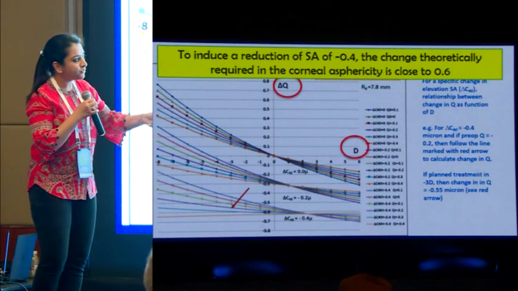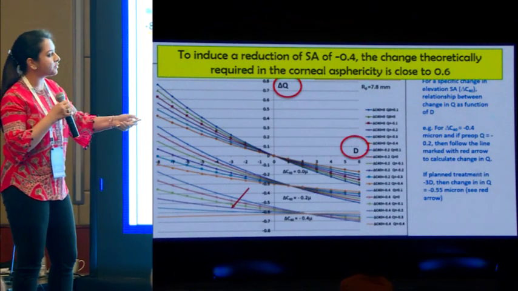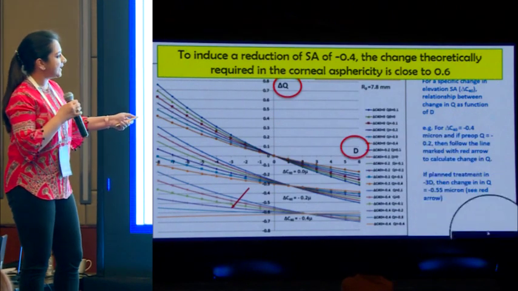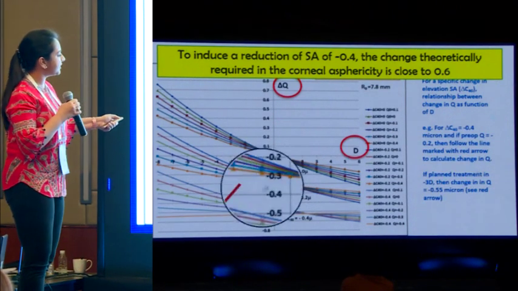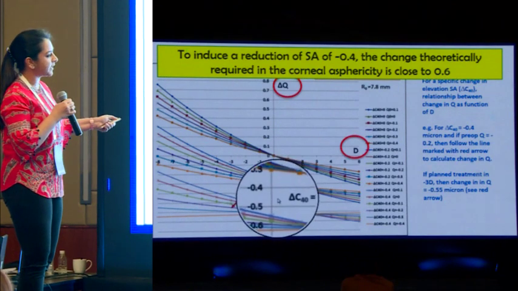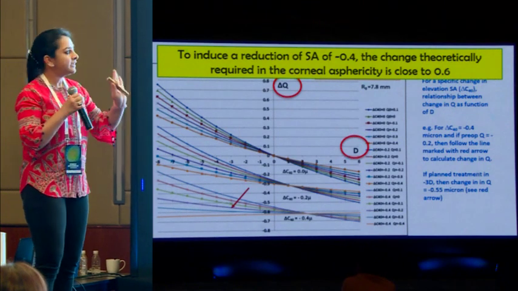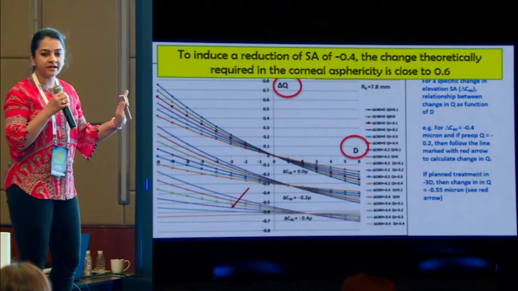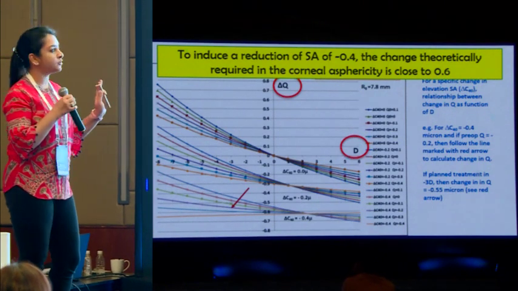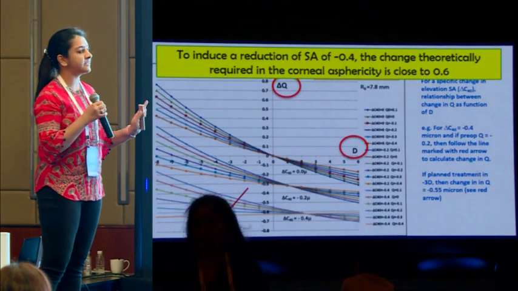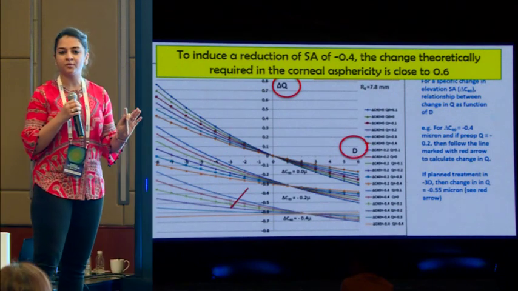For example, if you desire a change of -0.4 microns and the planned treatment is -3, then the change in sphericity will be somewhere around -0.55 microns. So roughly, if you want a reduction of spherical aberration of about -0.4, then the theoretical change in corneal sphericity will be somewhere close to 0.6.